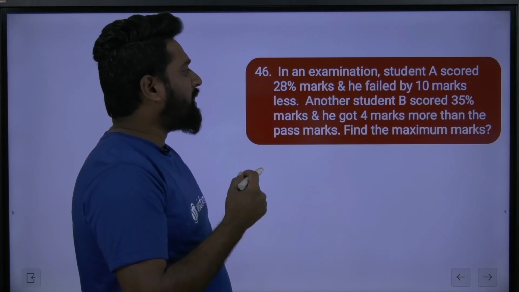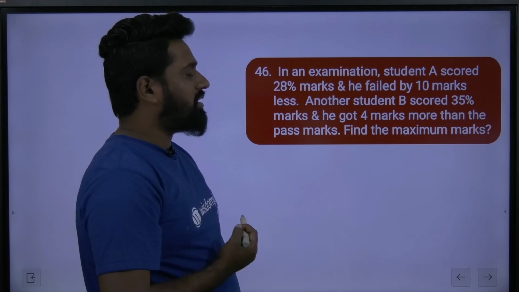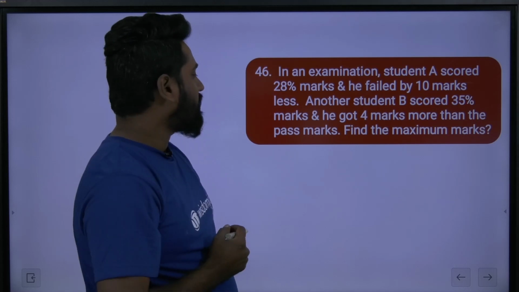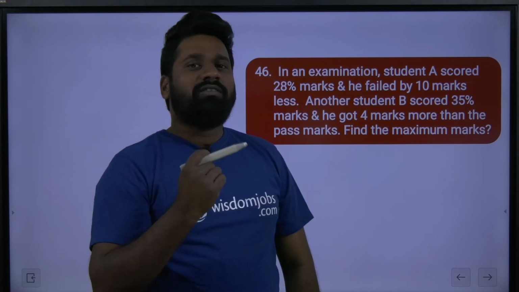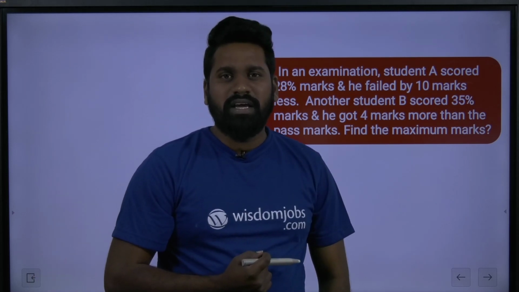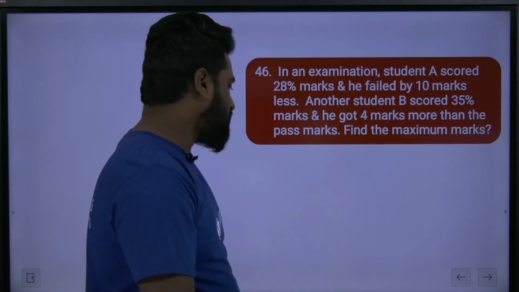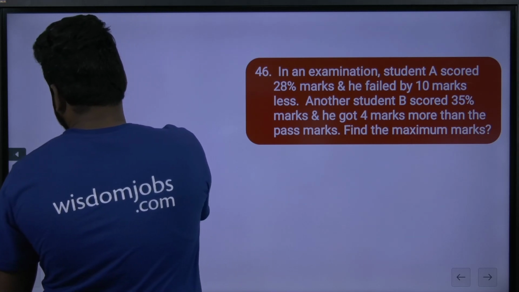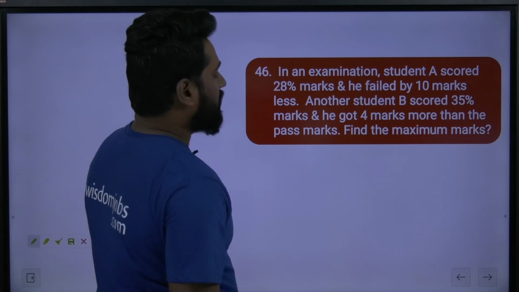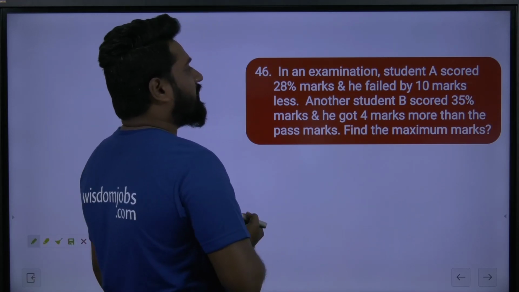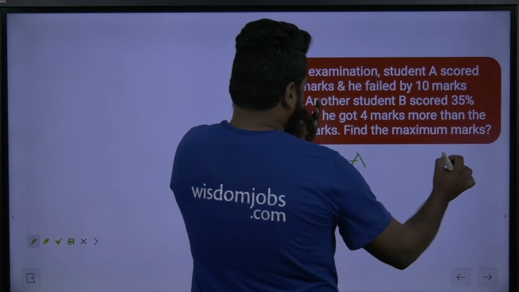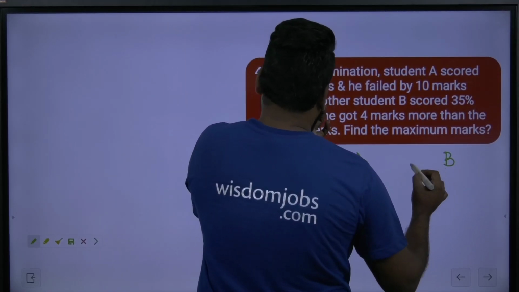Another student B scored 35% marks and he got 4 marks more than the pass. Now it is asking what is the maximum marks of the examination or total marks of the examination. So let us observe this case here. Like this one, first one, student A, you can write. Second one, student B.